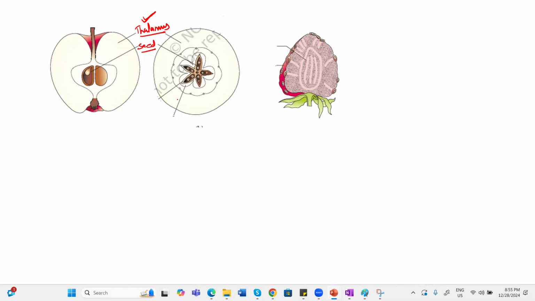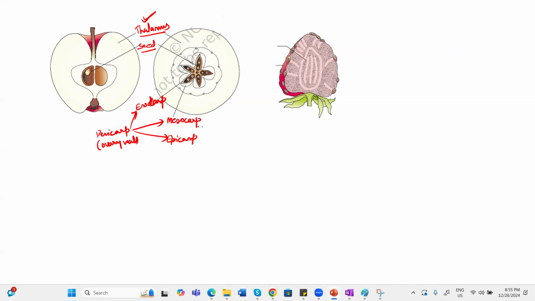So please learn, this is mesocarp, and the inner one is endocarp. Epicarp labeling is not in this fruit. Pericarp is nothing but the ovary wall. Clear?